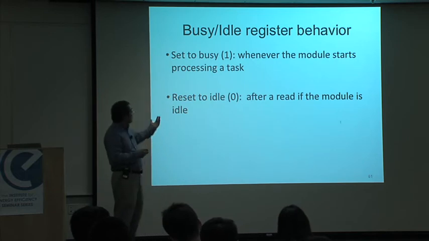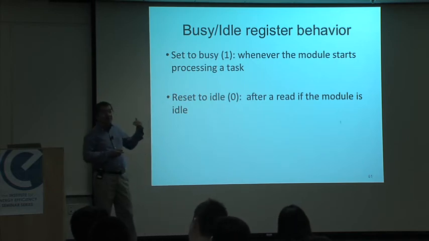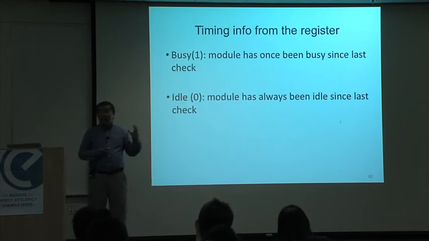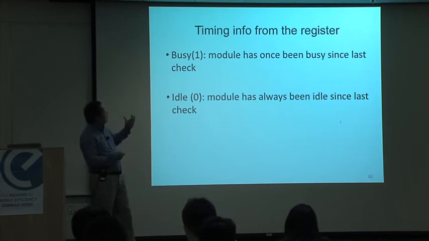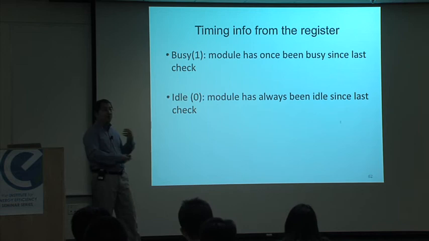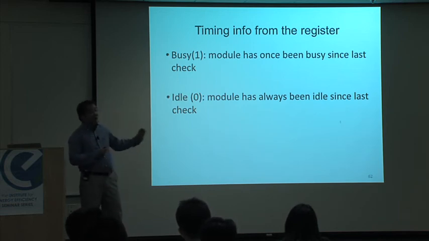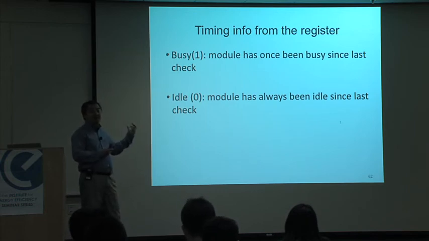So the return to 0 idle is always done after the read. Basically, the timing information from this register is not whether it's busy or idle. When it's 1, that means the module has once been busy since the last read. When it's 0, that means the module has always been idle since the last read. Okay, this is the semantics of this register bit.